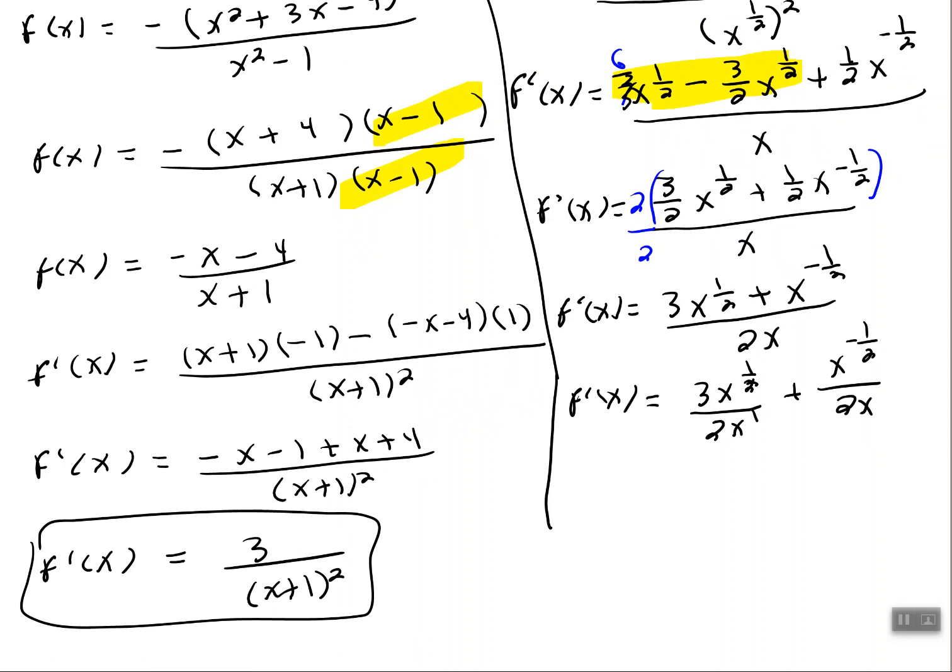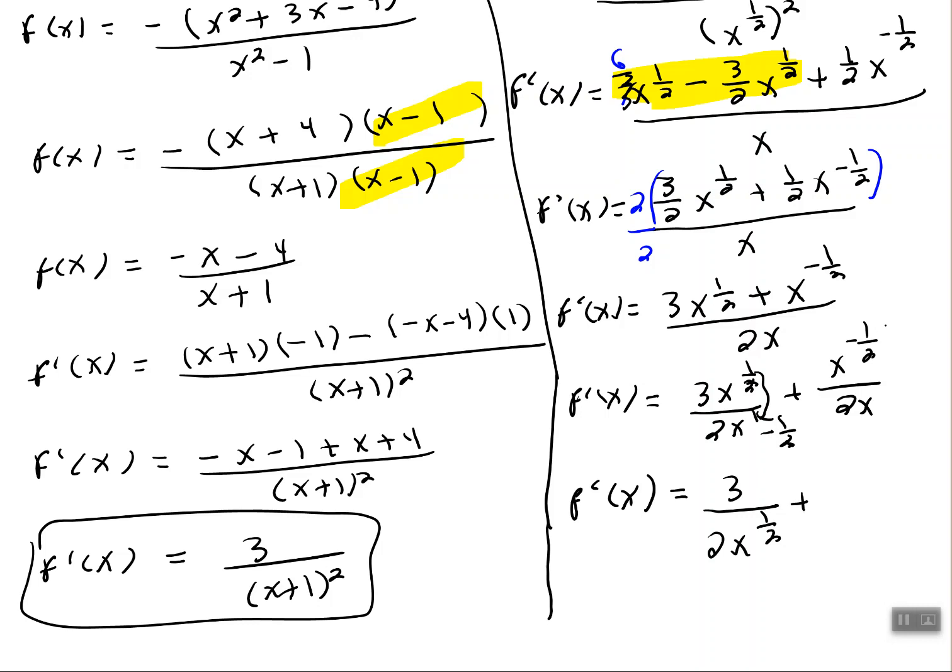It says you subtract the exponents. Since I have the exponent of 1/2 in the numerator and the exponent of 1 in my denominator, I'm going to subtract 1/2 from that 1 in my denominator. That gives me 3/2, and that's 2/2 minus 1/2, to the 1/2.